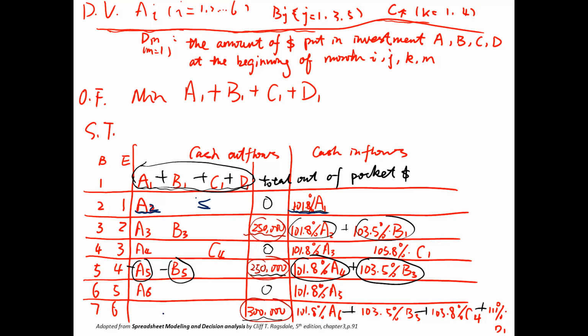Okay, and then here, second constraint, let's plus this one plus 250,000 needs to be less than or equal to this plus this. Okay, then A4 plus B4 needs to be less than or equal to 101.8% plus this one.